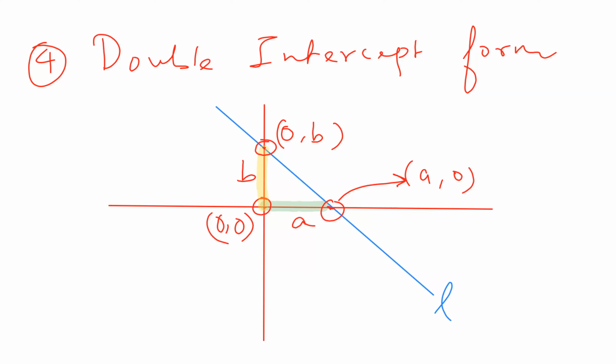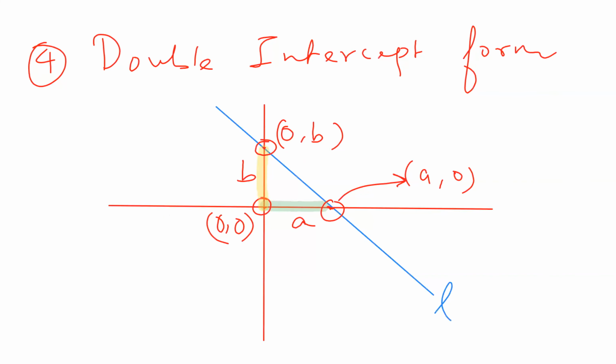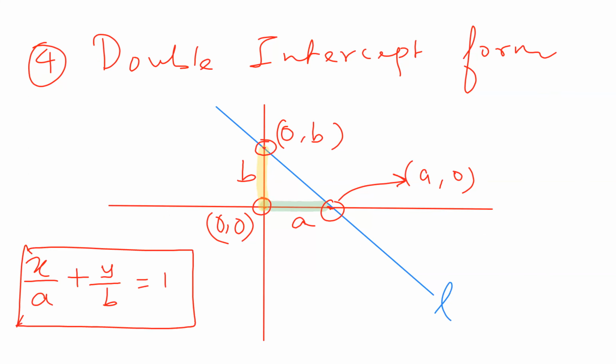Guys, be a bit careful over here because in slope intercept form, the y-intercept is denoted with c, but in double intercept form, y-intercept is denoted with b. So don't get confused over here. So the equation of this line will be x upon a plus y upon b is equal to 1.